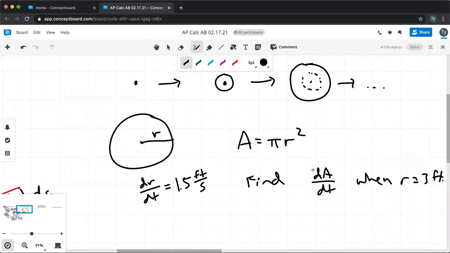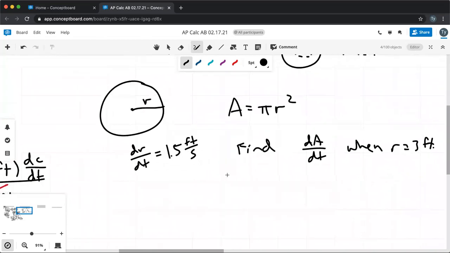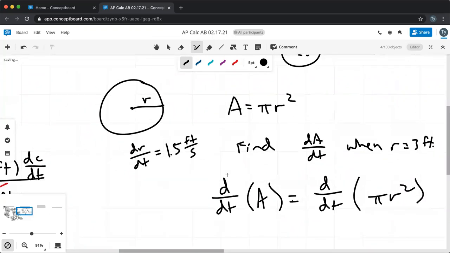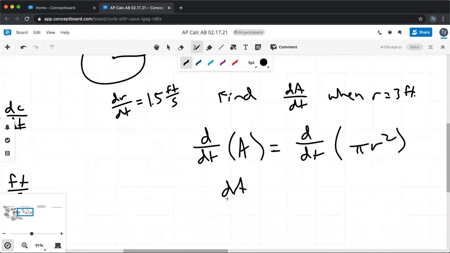Okay, so we need to differentiate this area equation with respect to t. So if we do that, then we get dA/dt on this side.